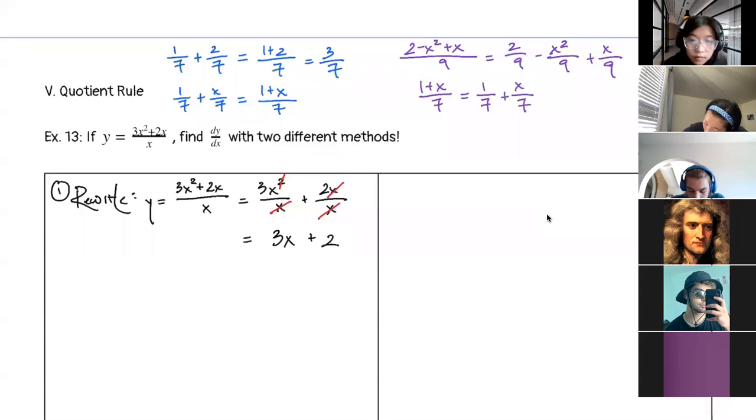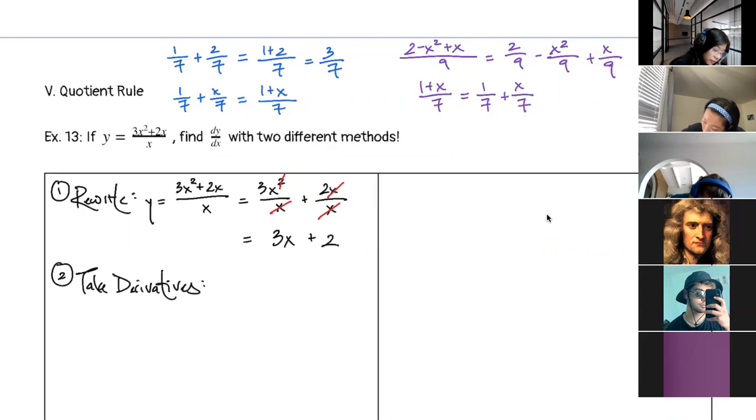All right, so now that we've rewritten it, let's take derivatives. Okay, so y prime, yeah, no more fractions. Y prime, all right, let's see. I have two different terms here.